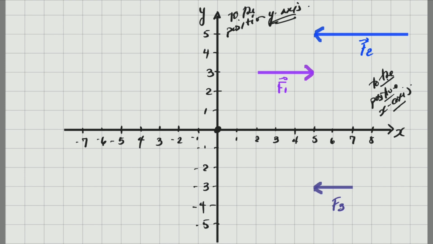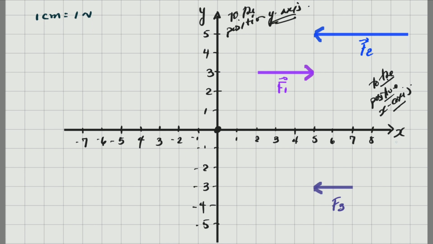I didn't write the direction because the direction is given by the head of the vector. So we have the first one, which is 3 Newton. Each block will represent 1 centimeter, and therefore it's going to be 1 Newton here. Let's write the scale. Let's do things correctly, and say 1 centimeter is equal to 1 Newton, which is 1 block. That is important here.